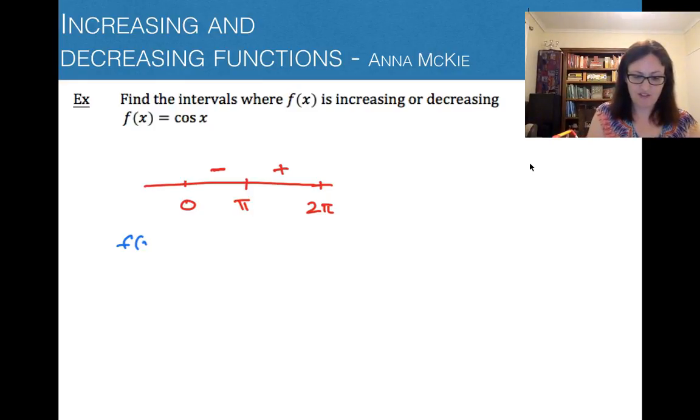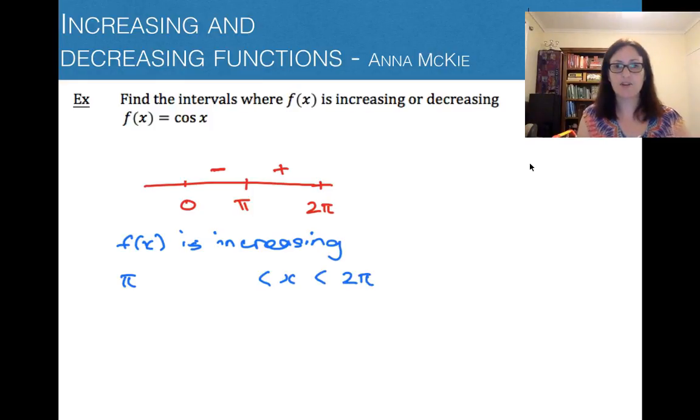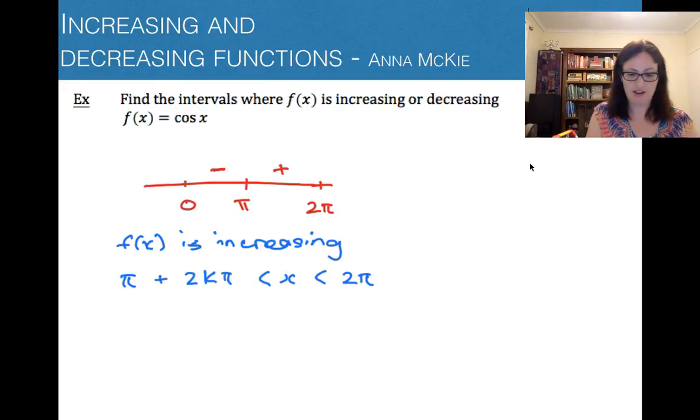So f of x is increasing between pi and 2 pi. So for x between pi and 2 pi, as we said, but not just those, for every multiple, every repetition of those between pi and 2 pi. And the way we notate that is adding on 2k pi to either side, 2k pi.